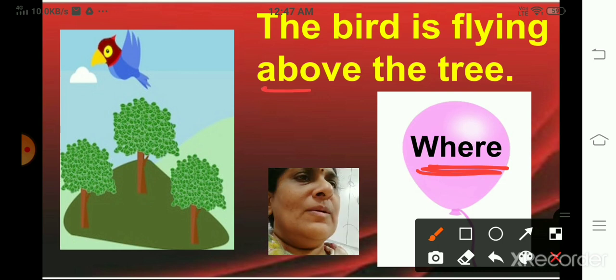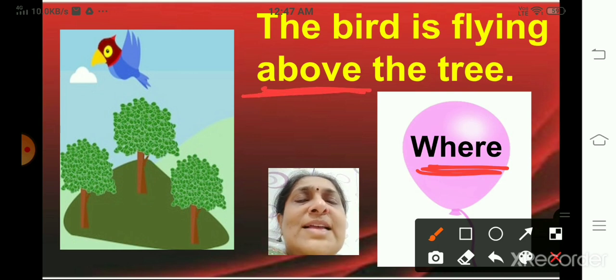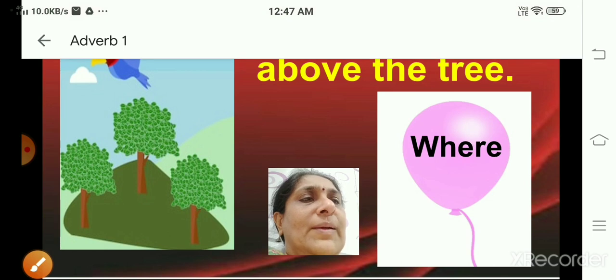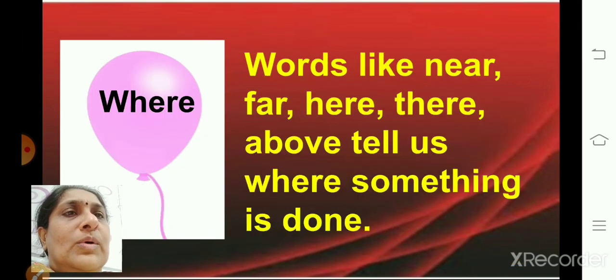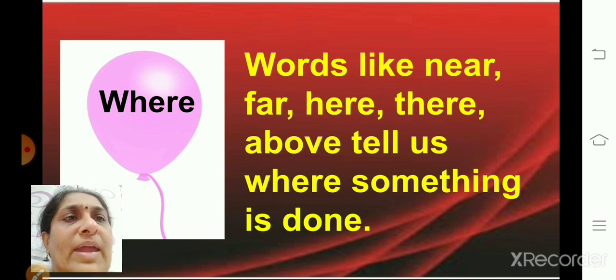Here the word above tells us where the bird is flying. So words like near, far, here, there, above tell us where something is done.